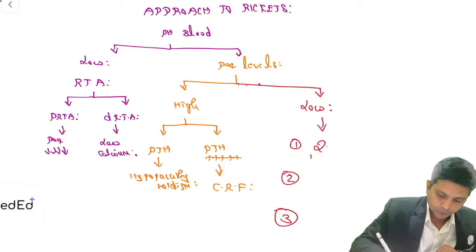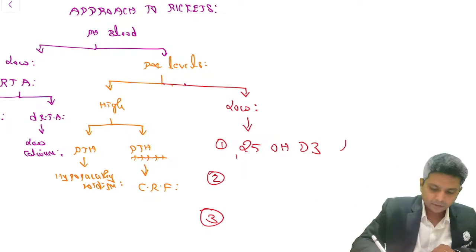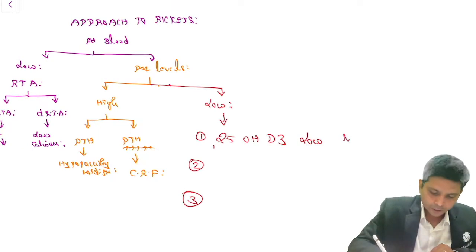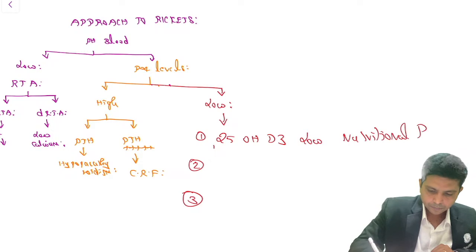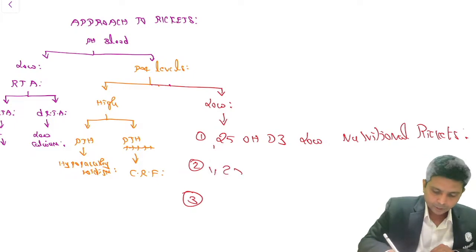One is 25 OH D3 levels. When 25 OH D3 level, which is the storage form, is low, it is called nutritional rickets. Then you need to look for 1,25 dihydroxy D3.